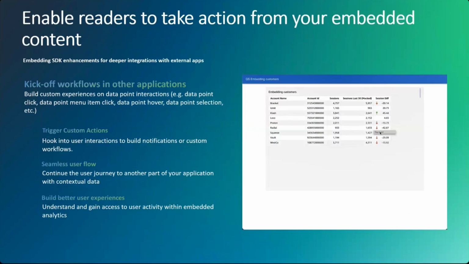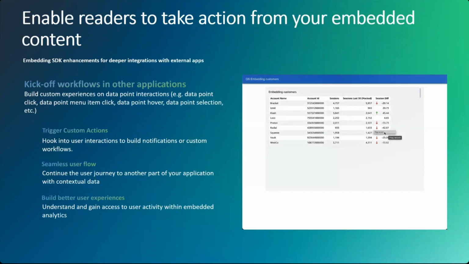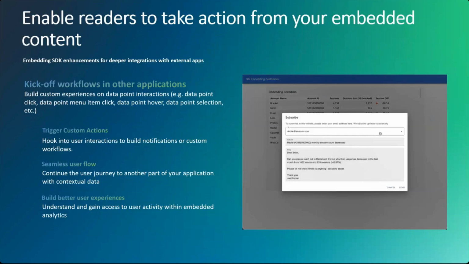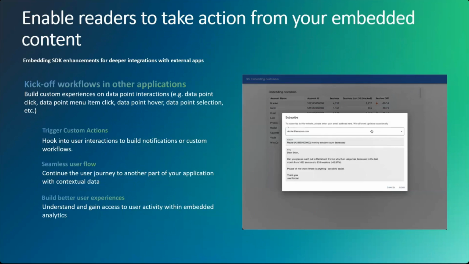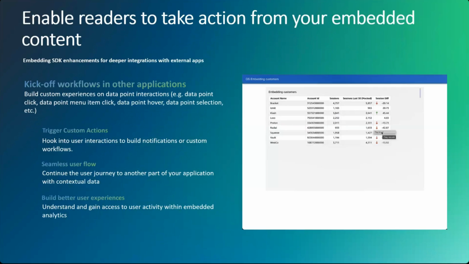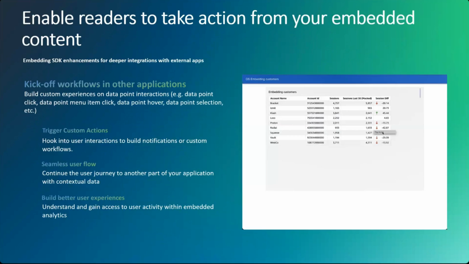Oftentimes what happens in your applications is you want to create experiences where you can kick off your workflows that can trigger other actions from within your application or outside of your application also. So for those cases, we have custom actions that you can enable on a Datapoint callback. Here in this GIF, you can see, and I'll do a live demo of this as well.